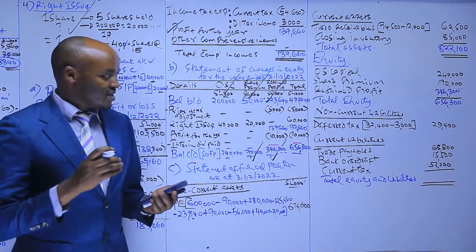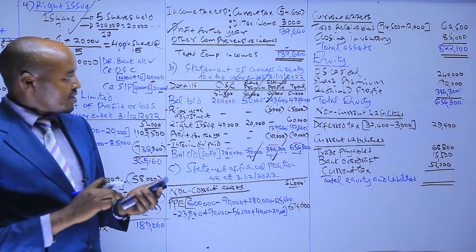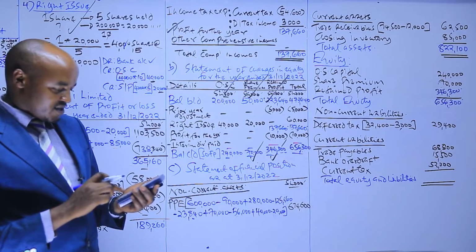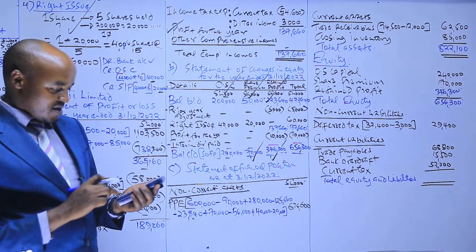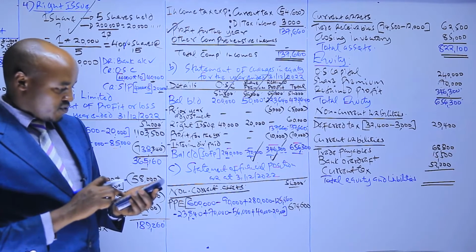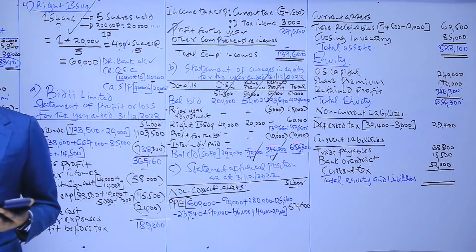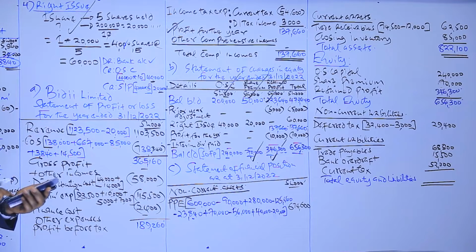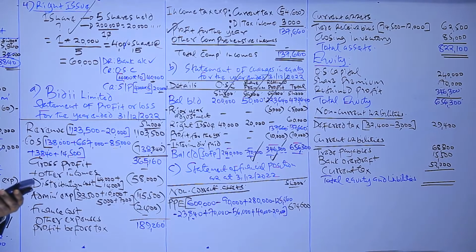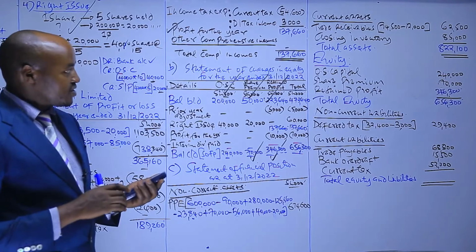Liabilities. So our total equity is 656,300 plus now the deferred tax 29,400 plus the payable 68,800. I hope that figure is correct. Yes. Plus the bank overdraft, which is 15,500, plus the current tax 52,000. So let's take that again.